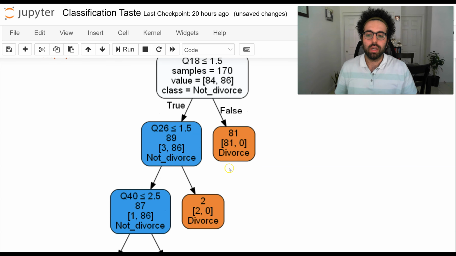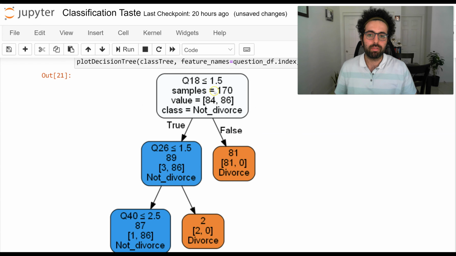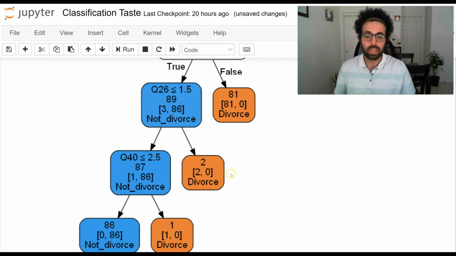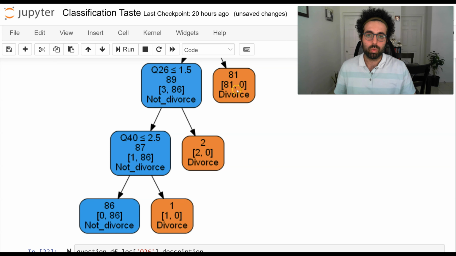You can see this model fits pretty nicely here. You can see 81 to 0. So if the answer to this question is false, or the condition is false, it reveals a lot of divorce, and so on and so forth. There is no impurity in these leaves.